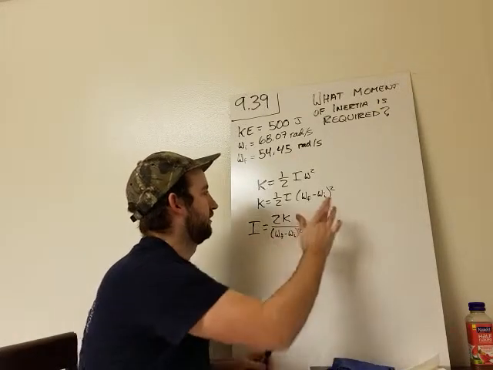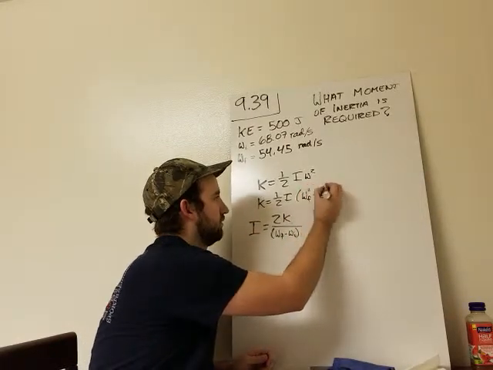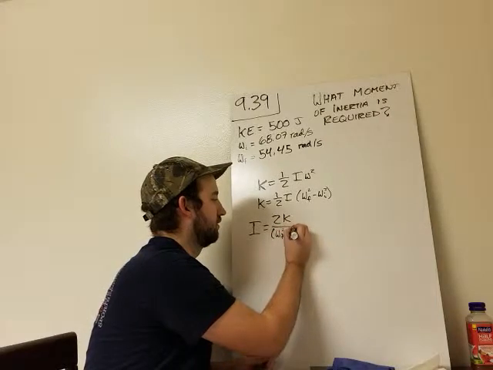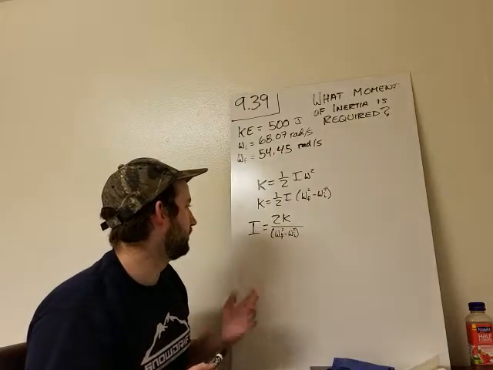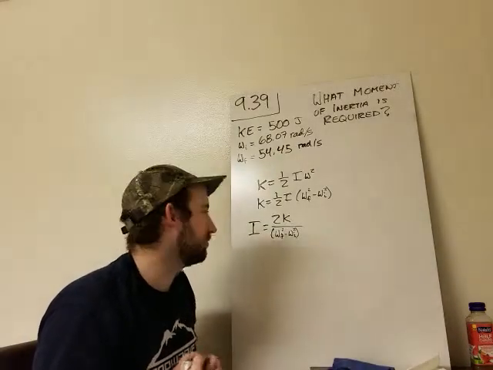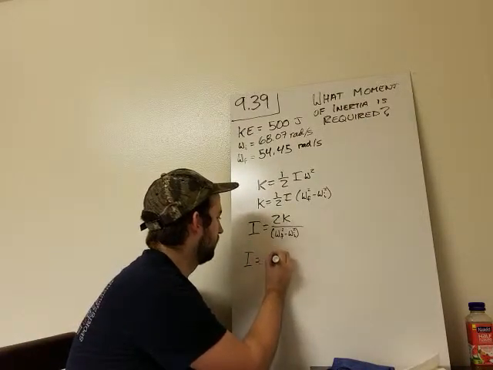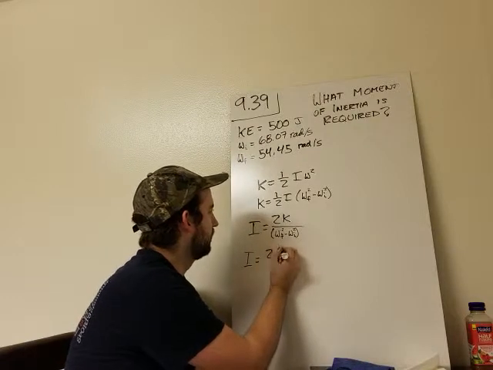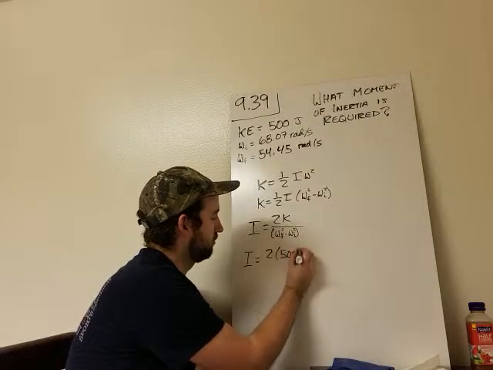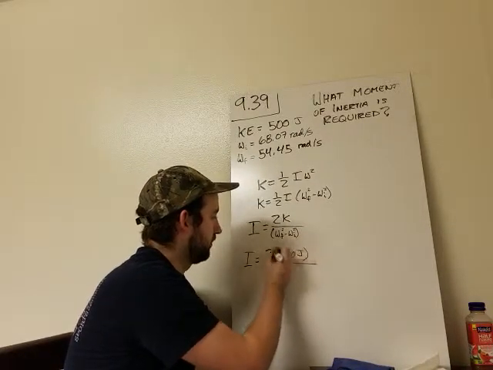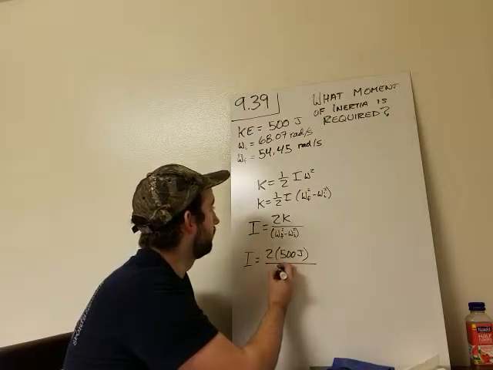And I actually made a mistake. The squared needs to be inside the parentheses. Makes a difference. Anyway, now that we're at this point, we can just plug in values. So I is equal to 2 times kinetic energy, which is 500 joules, over our final, which is 54.45.